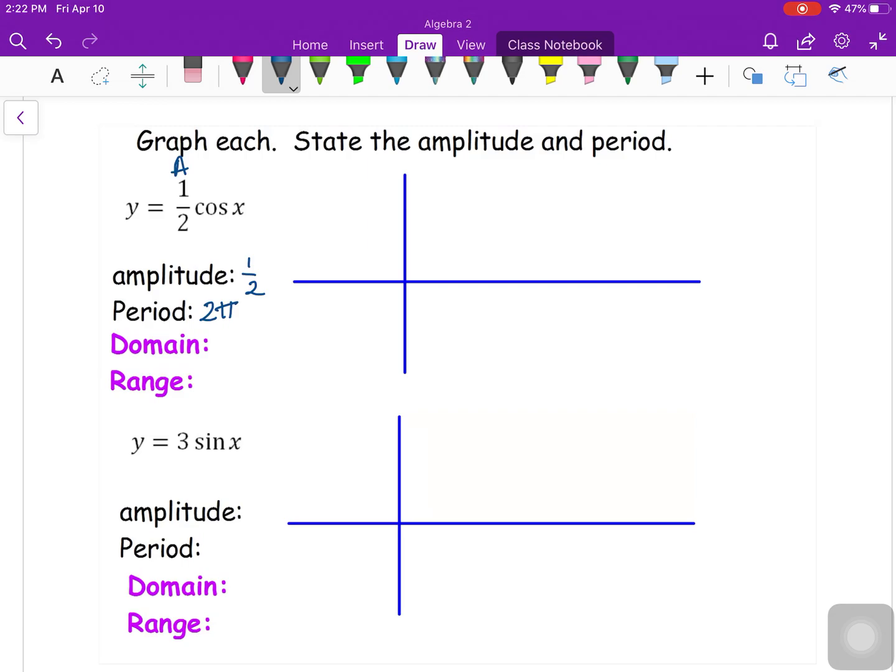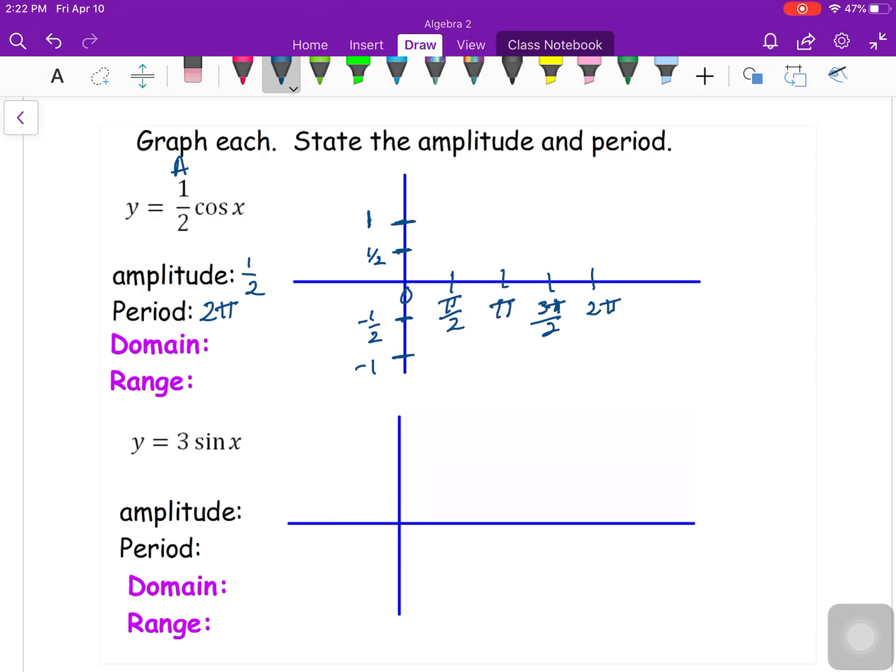So I'm going to label my x-axis 0, pi over 2, 2 pi over 2, which is pi, 3 pi over 2, 4 pi over 2, which is 2 pi. Since my amplitude is a half, if this is 1, I'm going to mark this as a half. So this would be negative 1/2, and this would be negative 1.